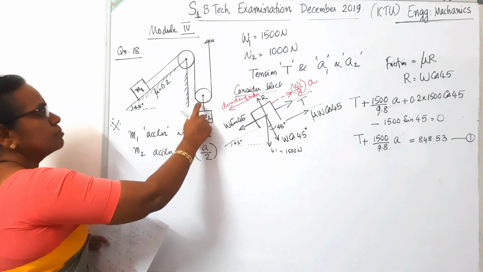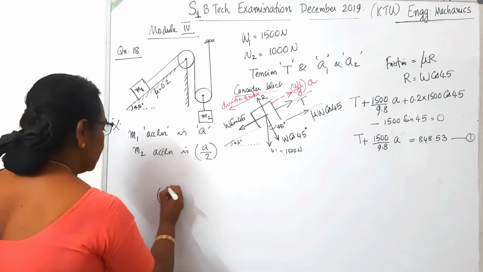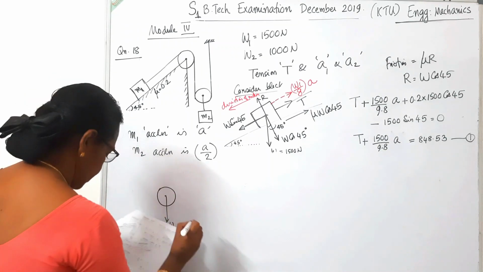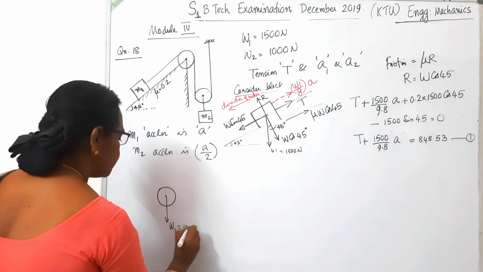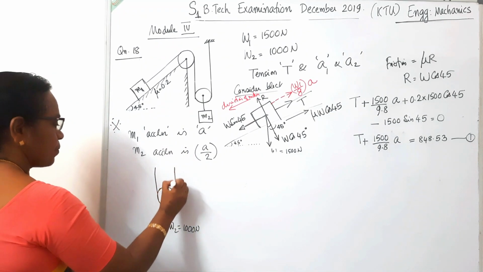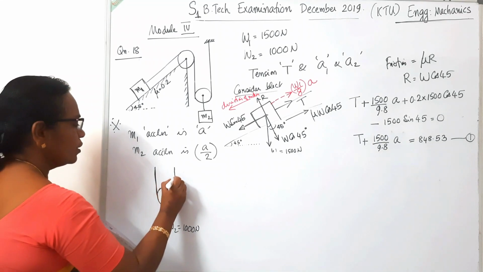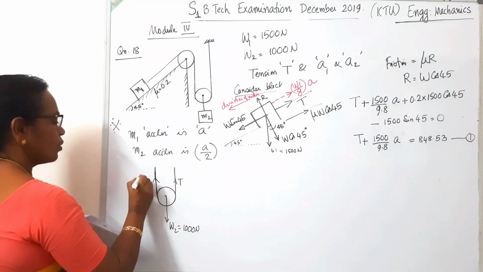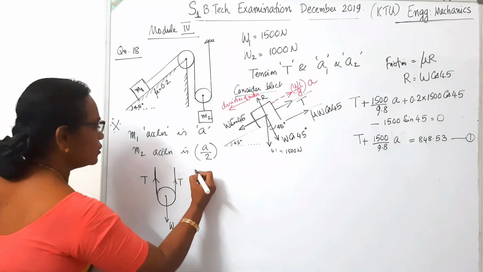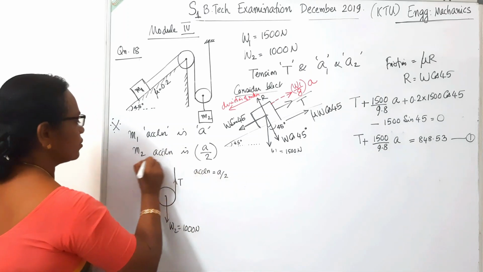Now consider this mass 2. Considering this mass, this is a pulley. The weight W2 is given as 1000 Newton, and there are two strings attached to it. So the tension in the string on this side is T, and on this side also it is T. There are two strings, and we know the acceleration, this is very important, the acceleration is A by 2.